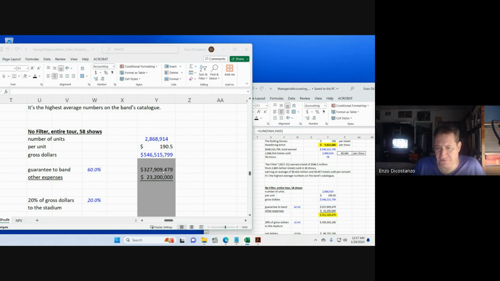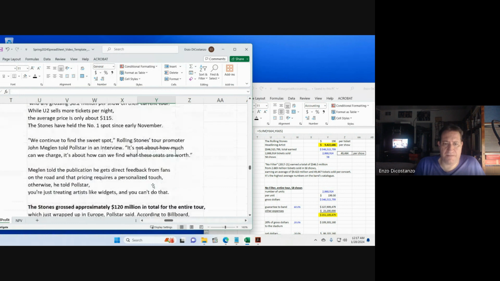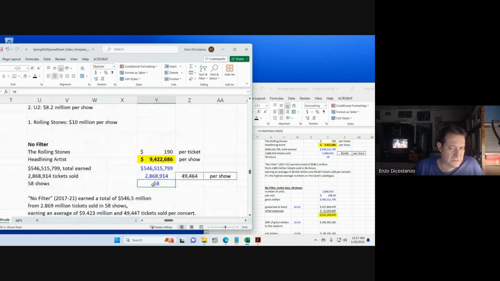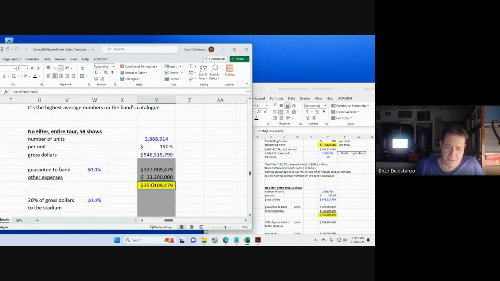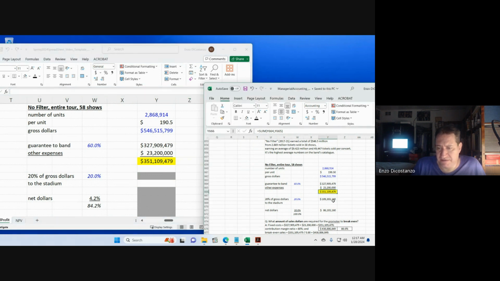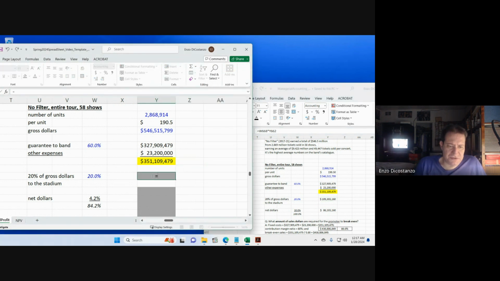So our fixed cost here, the stadium, the gross, right? If it's 20% of that gross, what are we doing, right? This is going to be equal to that 20% times the gross dollars. So you have your fixed numbers.